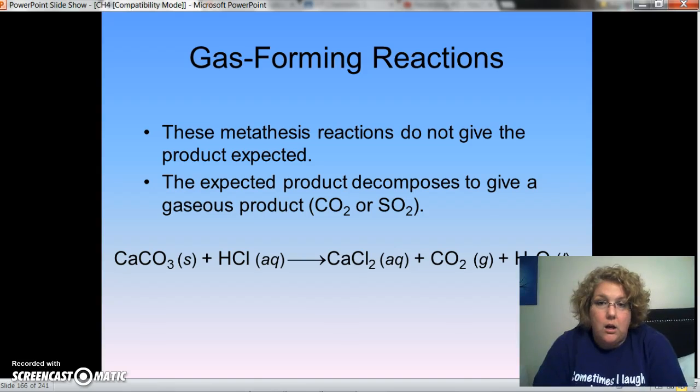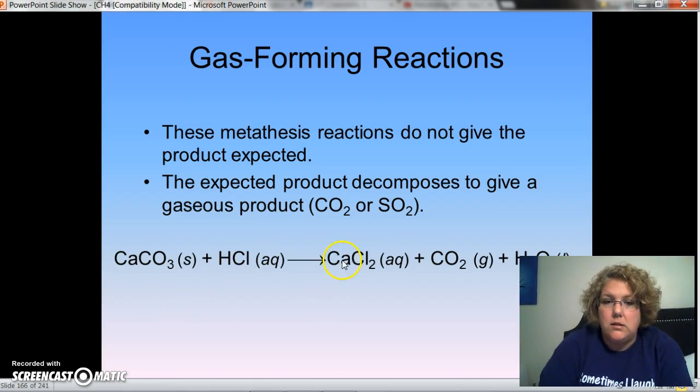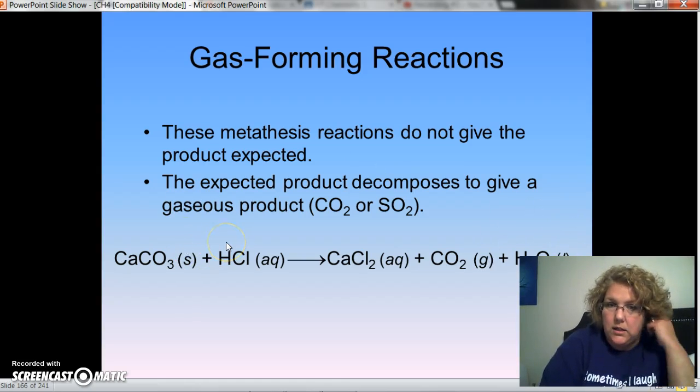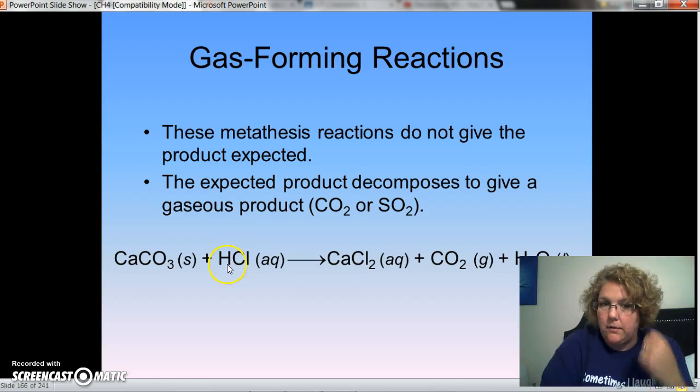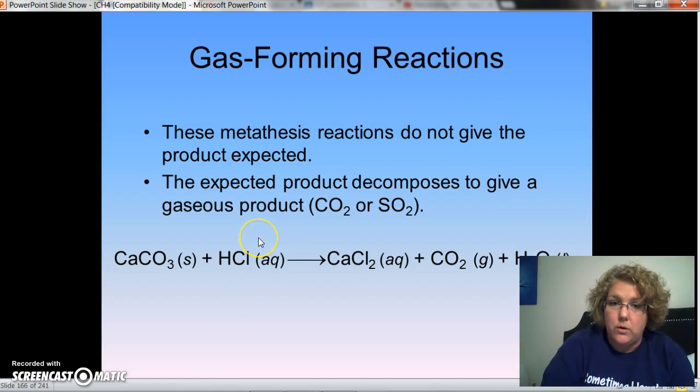Actually, yeah, everything is changing. The calcium went from solid to aqueous. The carbonate went from solid to some of it being a gas, and then the other O is in the liquid water. And then one thing didn't change. The H in the hydrochloric acid went from aqueous to now being in liquid water. The Cl is the one spectator. It was aqueous to begin with, and it still is in the product.